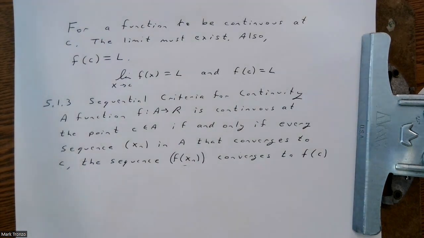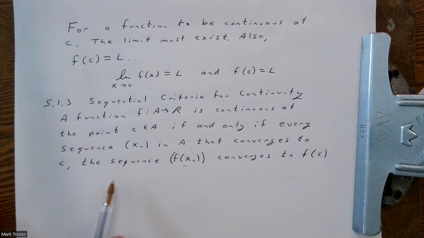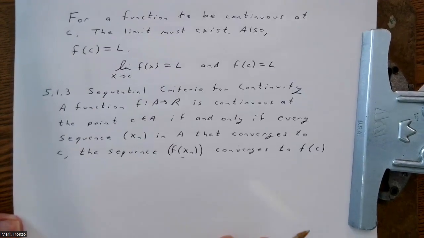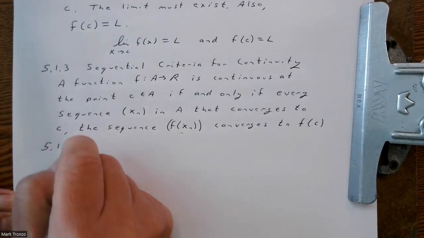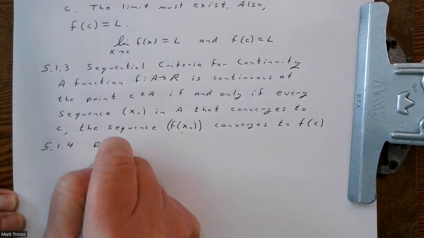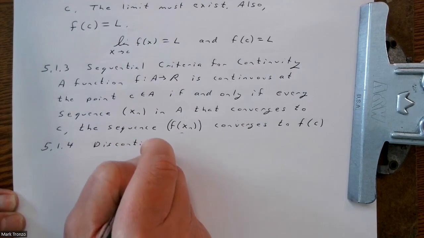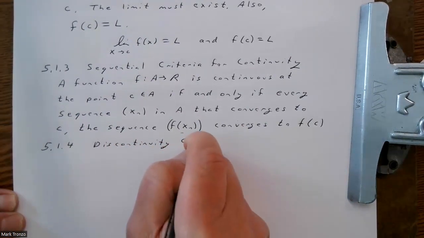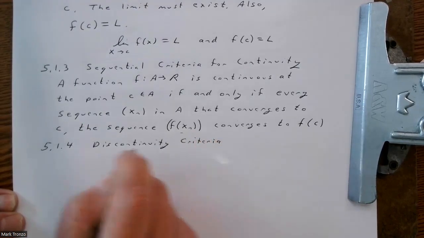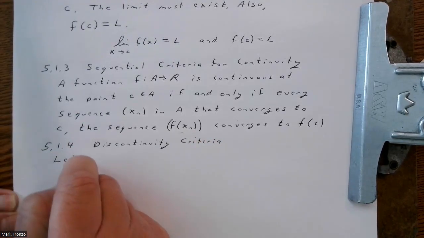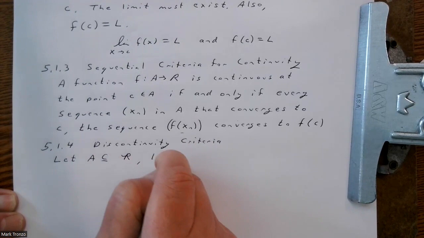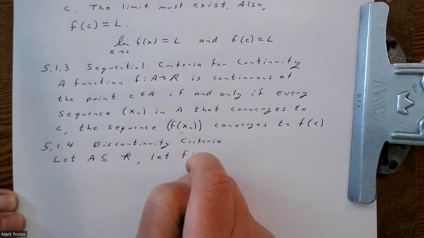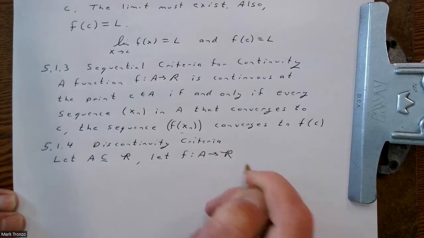And now it's pretty hard to really use this to prove something is continuous, but you can use this to prove something is discontinuous. And that's what they call the discontinuity criteria. Let A be a subset of R and let F be a function from A to the reals.